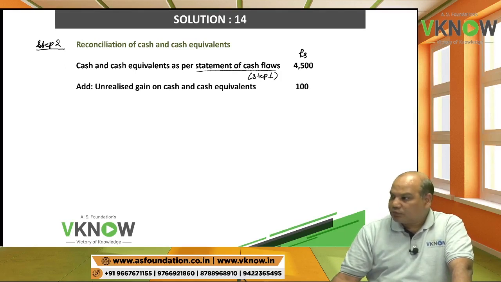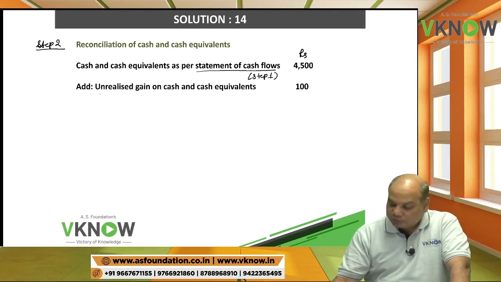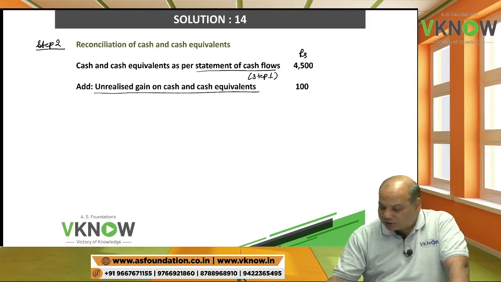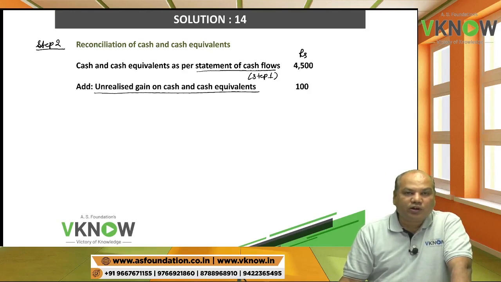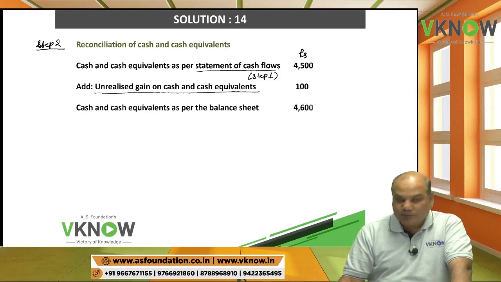4500. Now in order to reconcile with balance sheet, I will add unrealized gain, because in balance sheet we have taken cash and bank at closing rate. So balance sheet figure is higher because there was an unrealized gain. Unrealized gain on cash and cash equivalent 100 rupees.